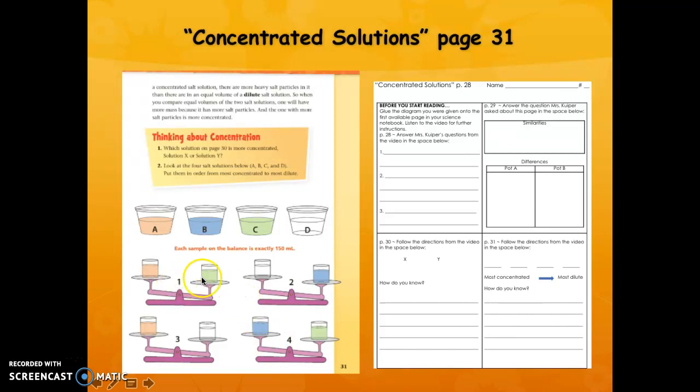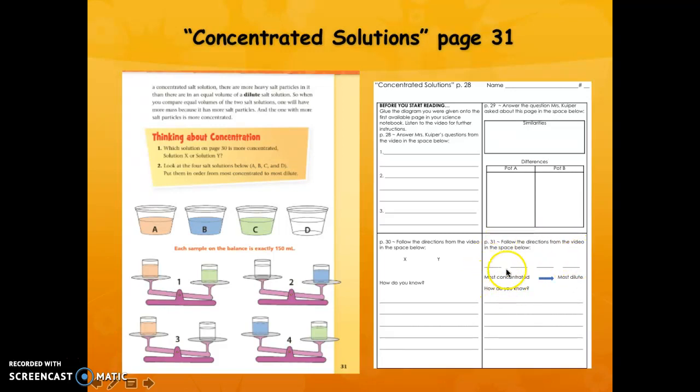So by checking out those 3 steps, you should now be able to tell of the 4 which one is the absolute most concentrated. You're going to write that here, A, B, C, D, to which one is the most dilute over here.